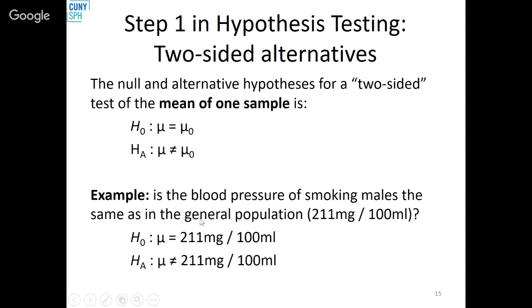Like if mu is the average blood pressure for smoking hypertensive males, and mu zero is 211 milligrams per 100 milliliters, and that's what the reference average blood pressure is, then you've got a right answer.